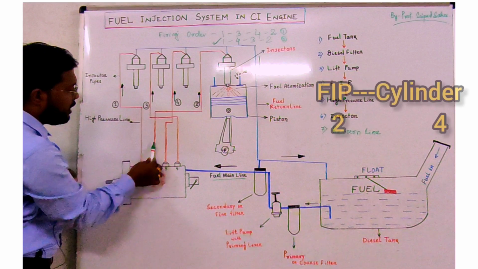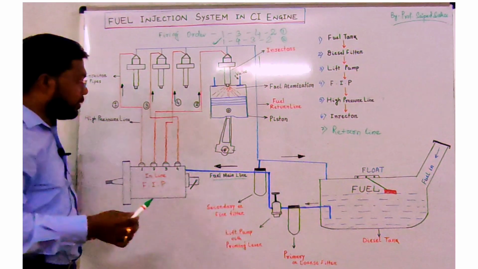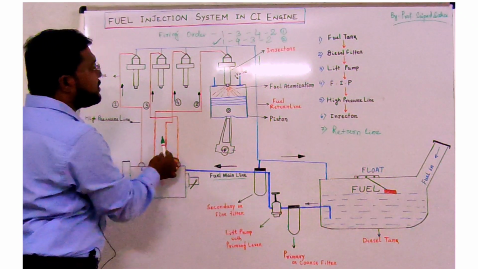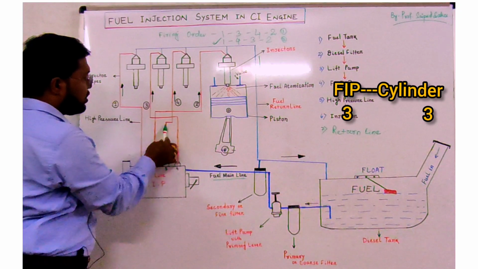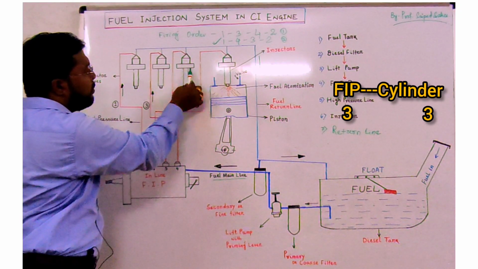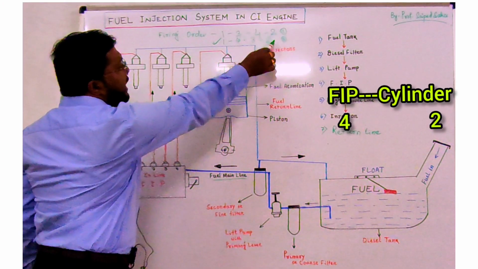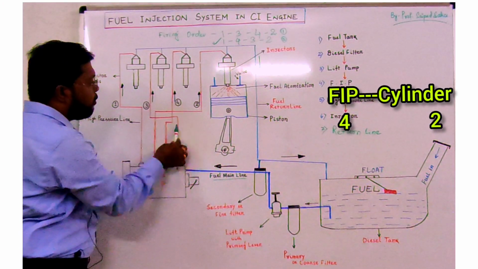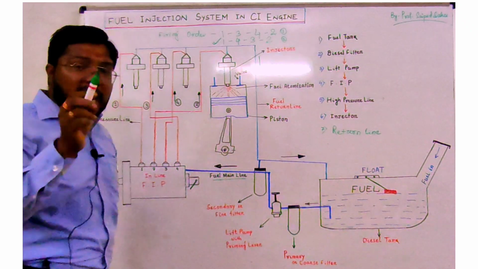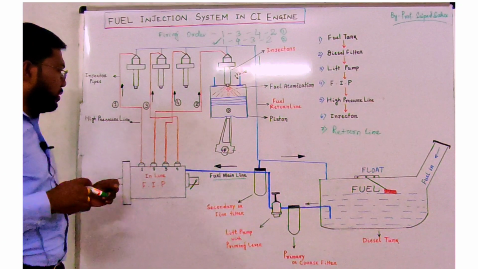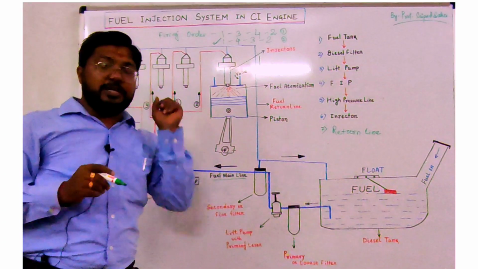You see the second passage is connected to the number 4 cylinder injector, and the third passage should be connected to number 3 cylinder. The third passage is connected to the number 3 cylinder injector, and the last one should be connected to the second cylinder. So passage number 4 is connected to the injector in the second cylinder. That's why, as per the firing order, the fuel is supplied to the respective cylinder.